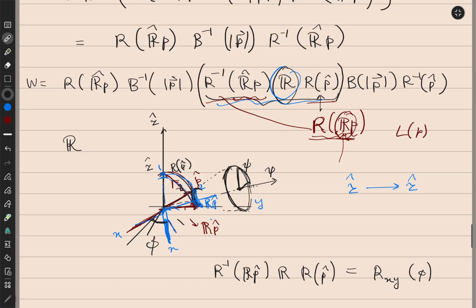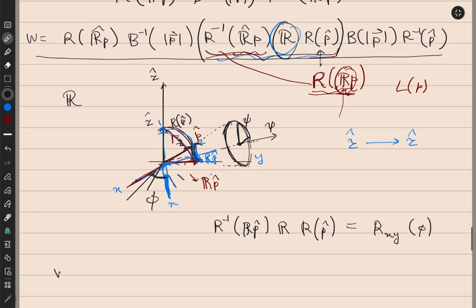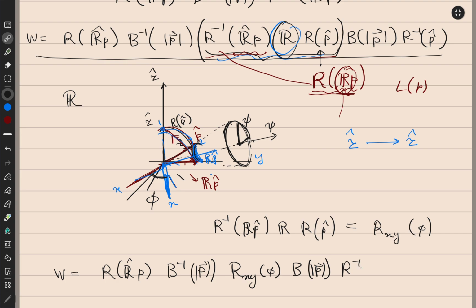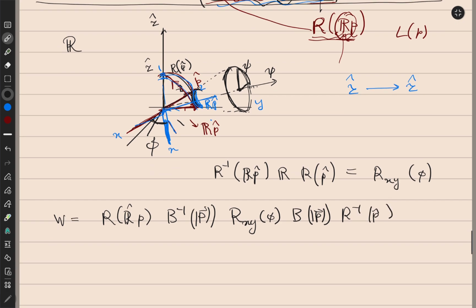Therefore, now I can write this whole deal as follows: R of P, B inverse P, and then a rotation in the XY plane followed by a boost and R of P. Now here is the beautiful part.